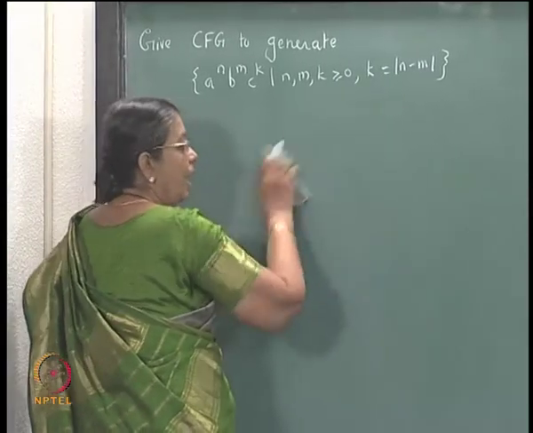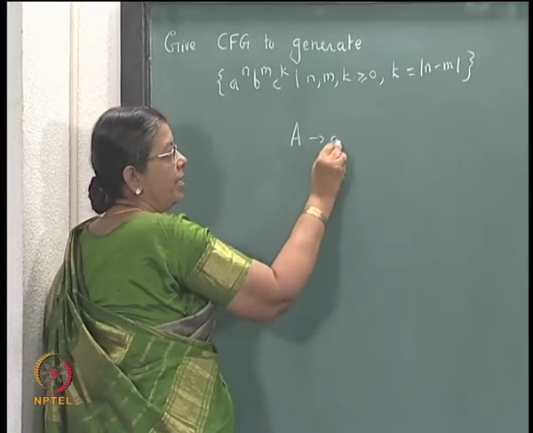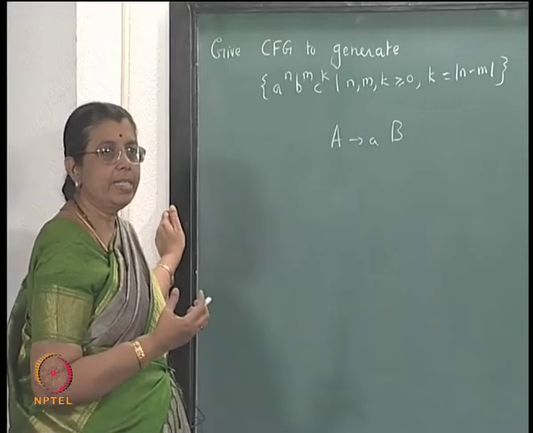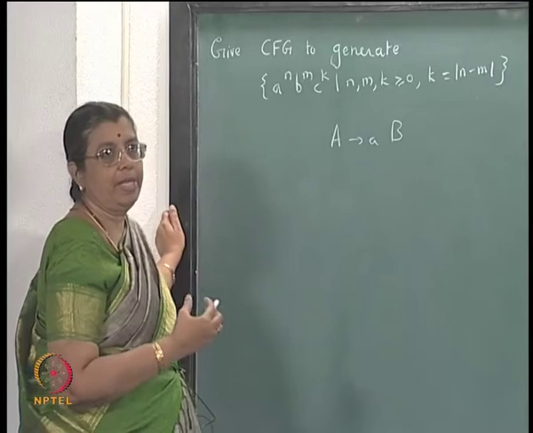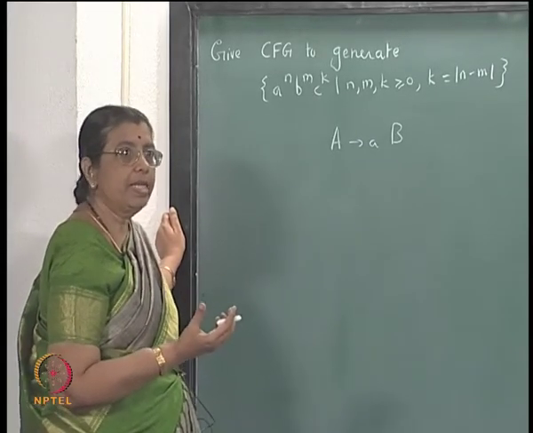That is not possible with type 3 or right linear grammar. When you have rules of this form, there is no way to keep count of the number of A's and the number of B's. So with type 3, generating such a language having an equal number of A's and B's, or number of A's twice the number of B's, is not possible.